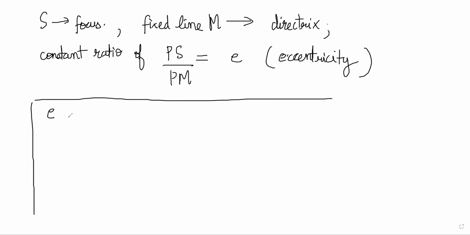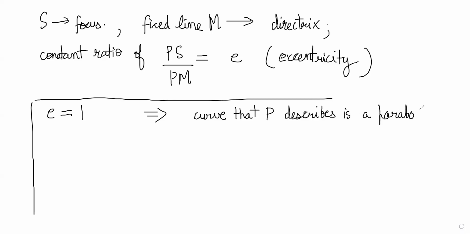These are cases where E is equal to certain values. If E is equal to 1, the constant ratio is 1, the curve that P describes is a parabola. If E is between 0 and 1, if the eccentricity is between 0 and 1, P is an ellipse.